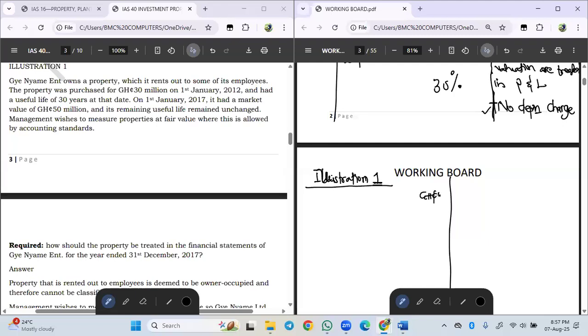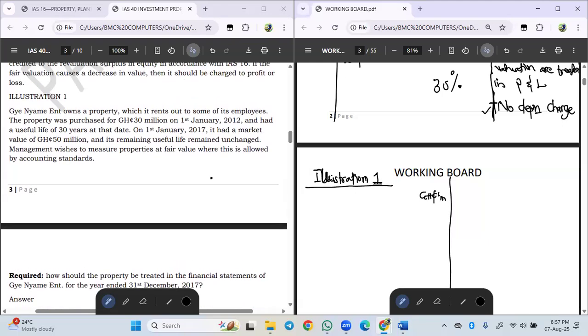On 1st January 2017, it had a market value of 50 million, and its remaining useful life remained unchanged. Management wishes to measure properties at fair value where this is allowed by accounting standards. How should the property be treated in the financial statements of Jinyame Enterprise for the year ended 31st December 2017?